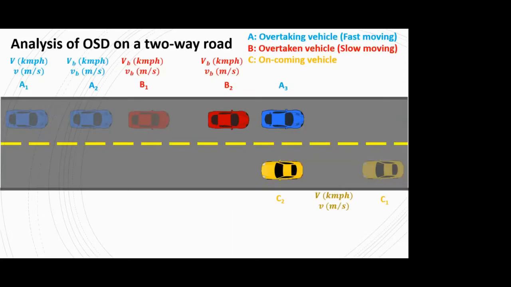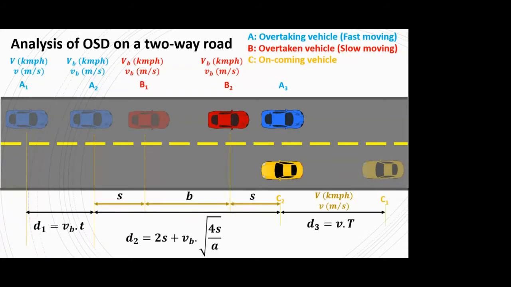So what we had seen yesterday is this D1, then D2, and then D3. Subsequently, we had small formulas, not much of a complex calculation involved. D1 was nothing but VB into t, small t, the reaction time.